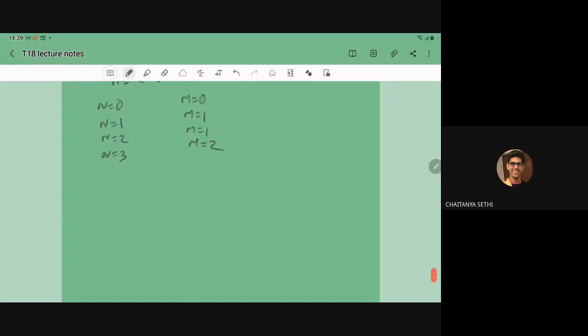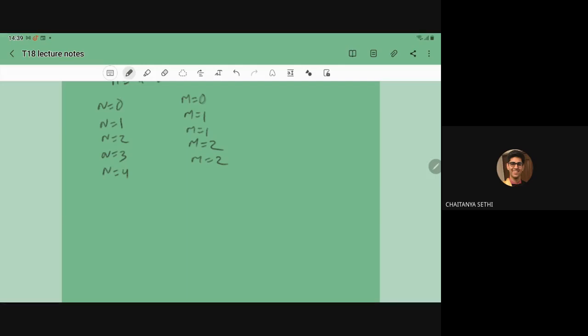When N is equal to 3, at that time M is equal to 2. When N is equal to 4, then also M is equal to 2.